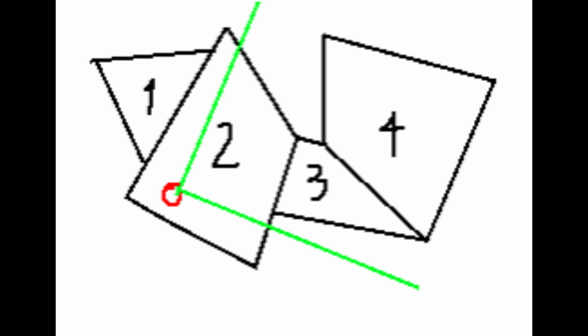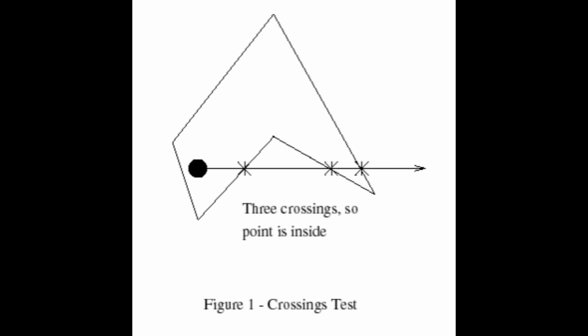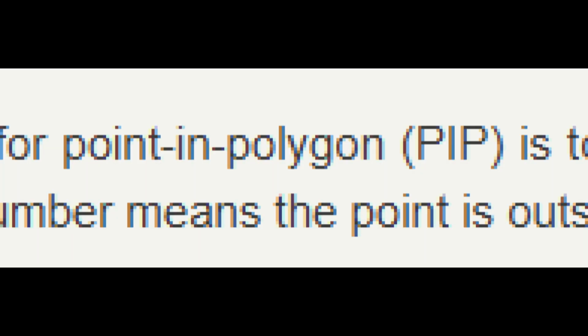Now, the first step of the portal algorithm is to find which sector the player is in. In Duke Nukem, this is done by a point in polygon, or PIP algorithm, which is just what I just said, point in polygon. Basically, it fires a raycast to the right or the left and checks how many sides of a polygon got hit by it.